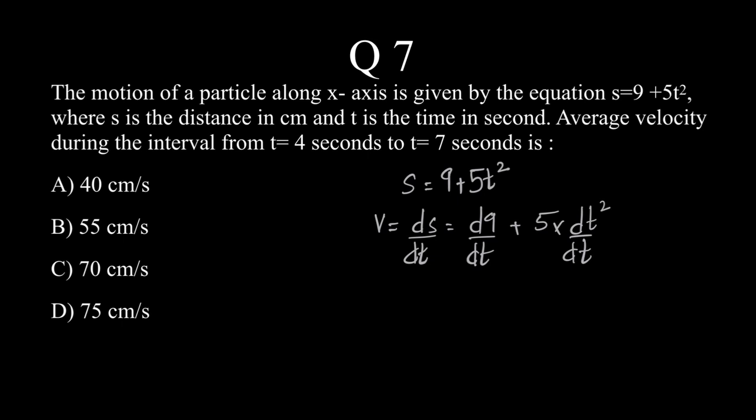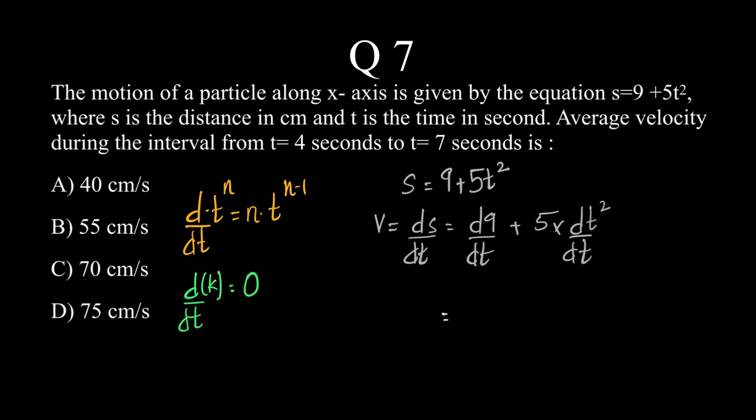Now let me clarify the differentiation again. What is d by dt of t raised to n? It is equal to n into t to the power n minus 1. And d by dt of a constant k is equal to 0.